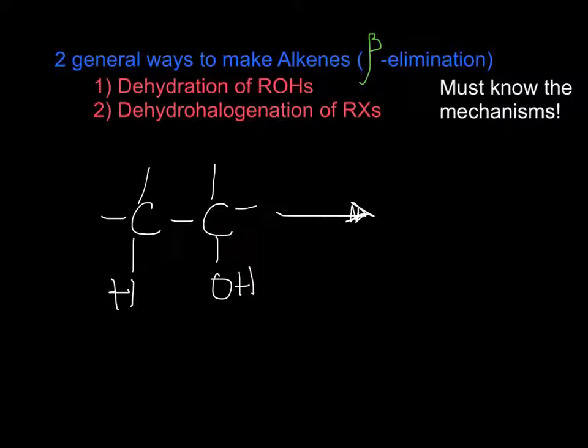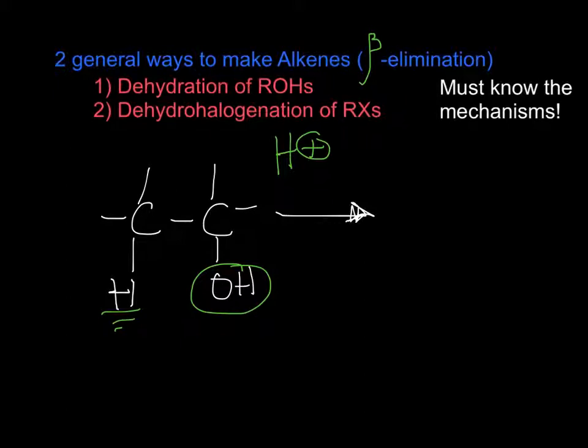Water. And so if you look here, we've got an OH, and then we'll have an H, but it's not necessarily that one. It's going to be the leaving group. And so the reaction conditions for alcohols is that it's acid catalyzed. So you have to have an acid around, so a proton donor.